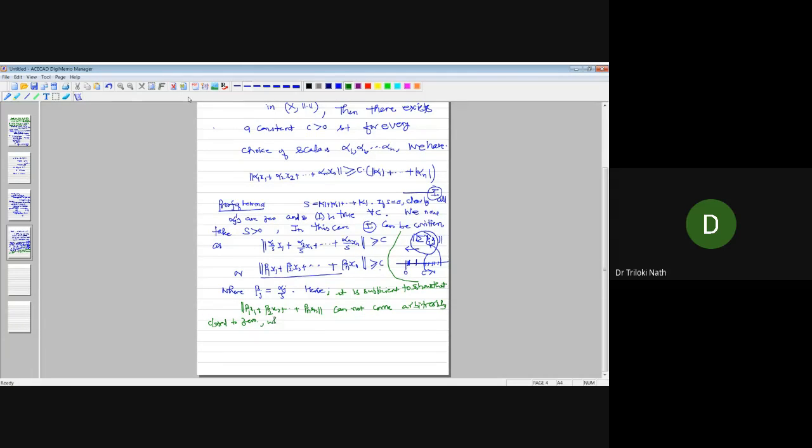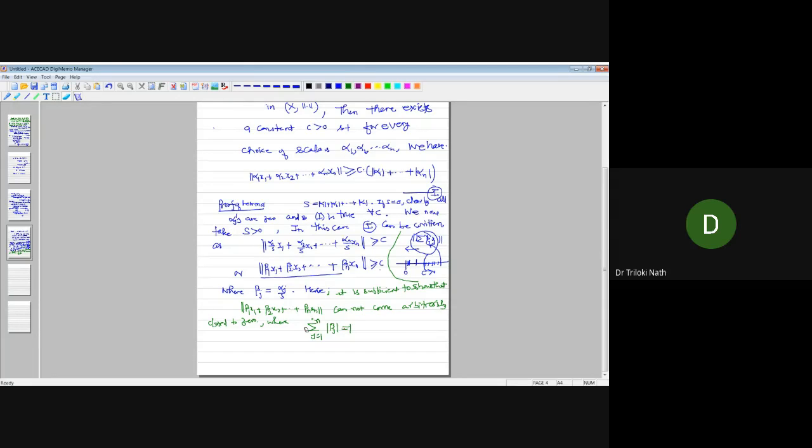Where beta j satisfies summation j is equal to 1 to n, mod of beta j is 1, isn't it?